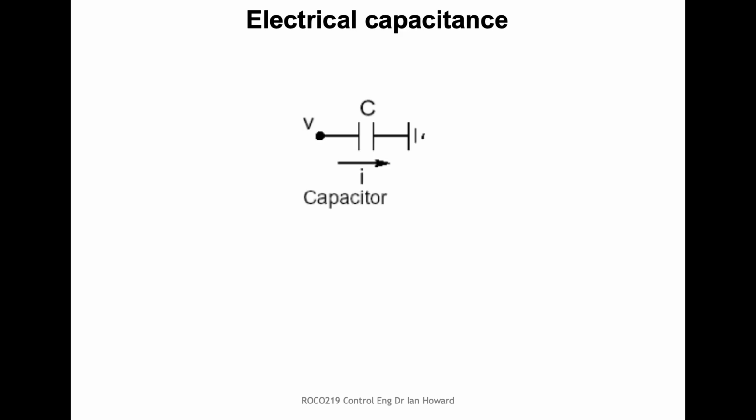Another valuable and extremely useful component we have in electrical circuits is the capacitor. For a capacitor, the current flowing through it is given by the relationship I equals C dV dt. So the current basically depends on the rate of change of voltage across the capacitor.